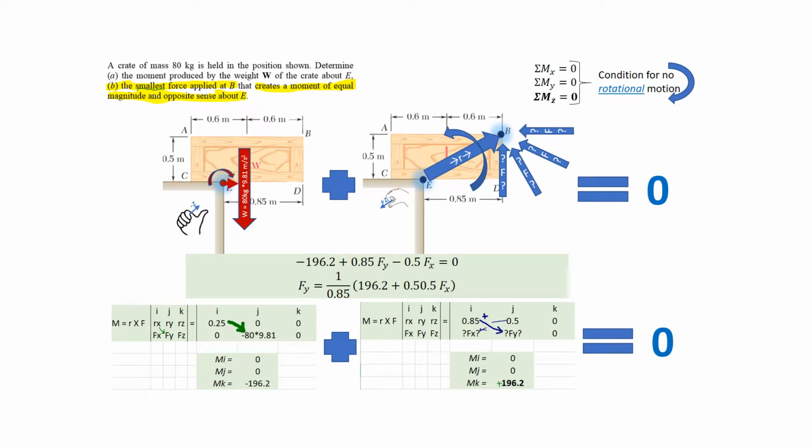Here's the equation for the cross product. So we have 196.2 coming from this red combination here going in the clockwise direction, and we have Fy and Fx coming from the force that's going to be applied in the blue direction. Let's take this equation and rearrange it so we have y on one side, x on the other side.